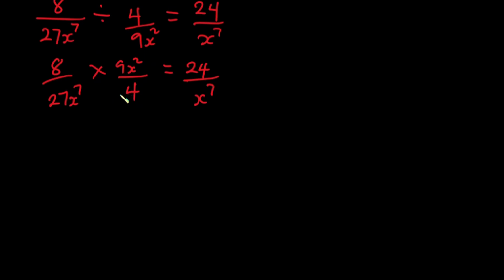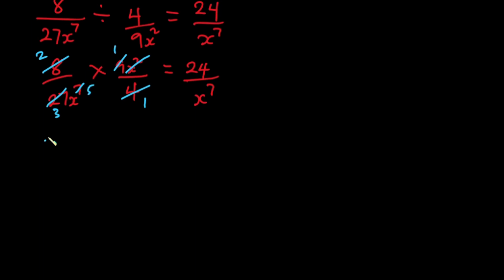Alright, so here 4 goes into itself 1 and then goes into 8 2 times. Then 9 goes into itself 1, then goes into 27 3 times. Then this x to the power 2, taken from this, we have x to the power 5.